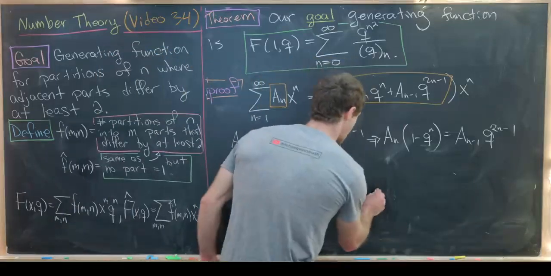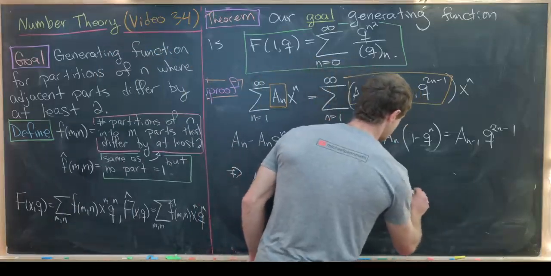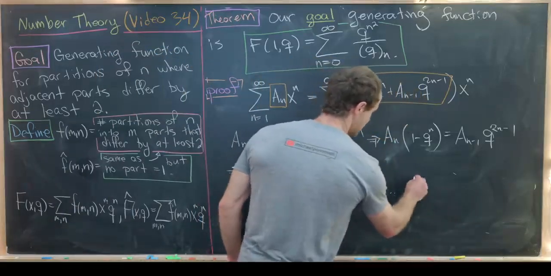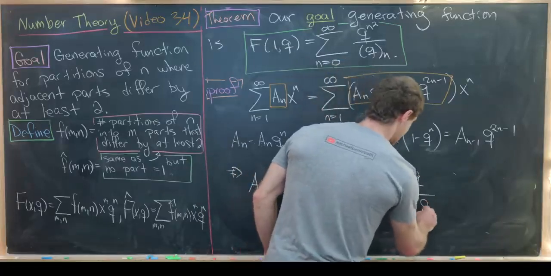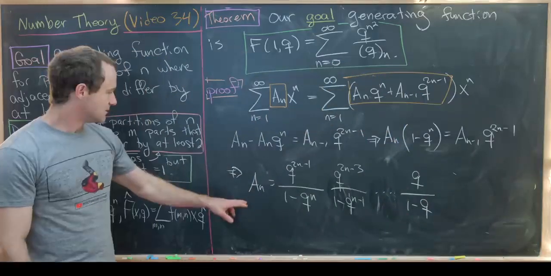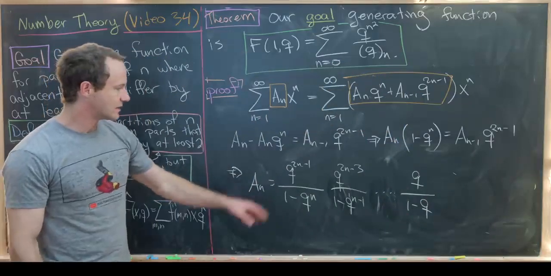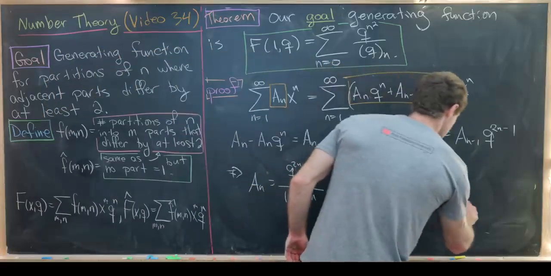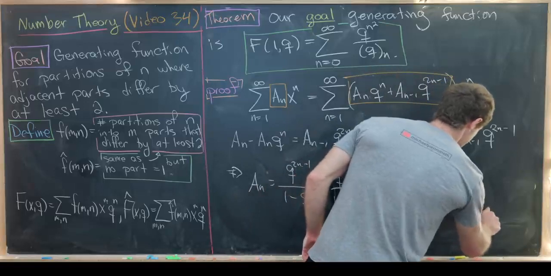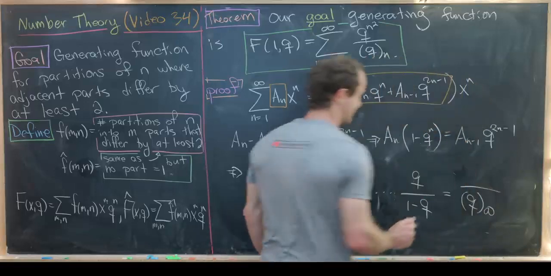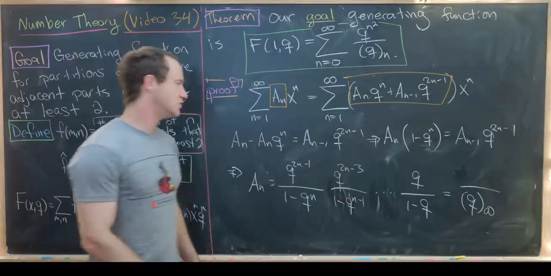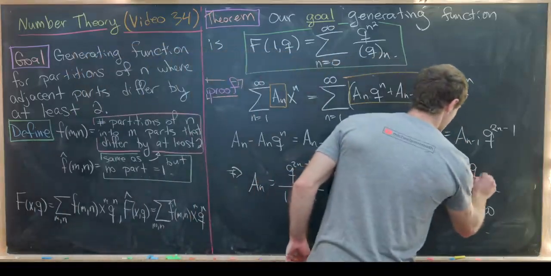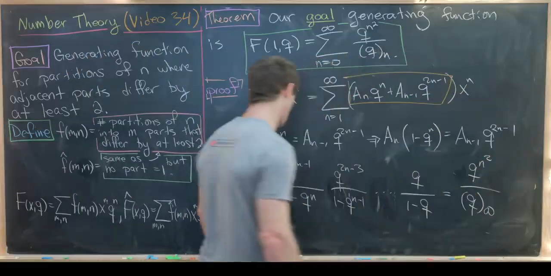And we can do that all the way down until we get a_0, which is 1, and then we'll have q^1 over 1 minus q, like that. But now let's see. We can multiply that together. Notice if we multiply the denominator together, we get exactly that q-Pochhammer symbol, which is up here.